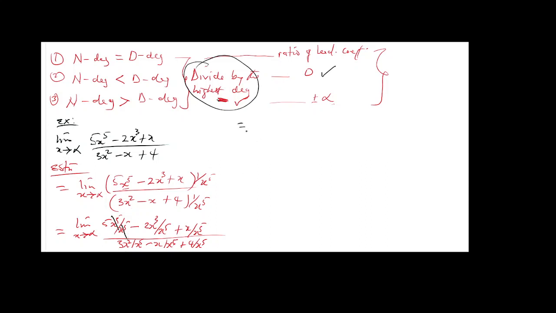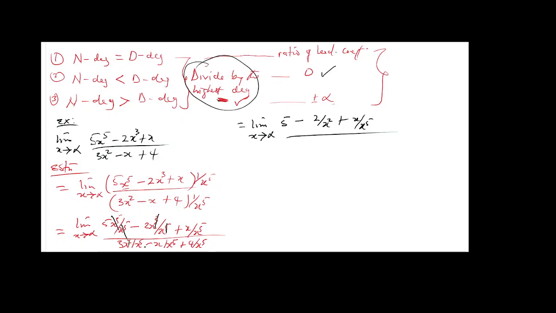What we have left will be the limit as x approaches infinity of 5 minus, this can cancel out completely, leaving x squared here. So we have 2 all over x squared plus x all over x to the power of 5, everything all over the same thing here.